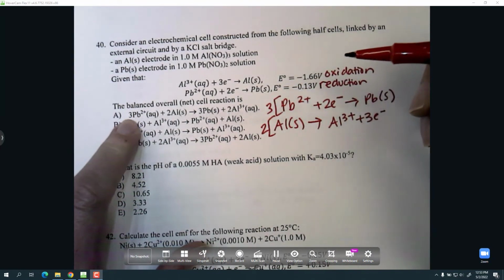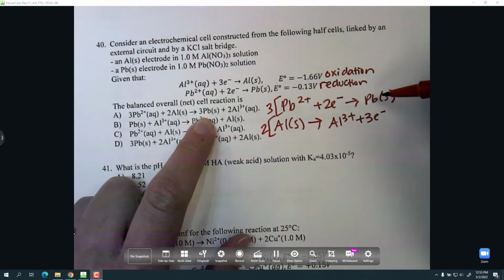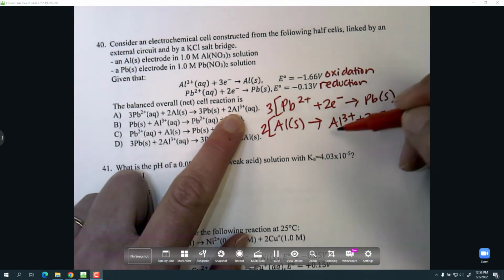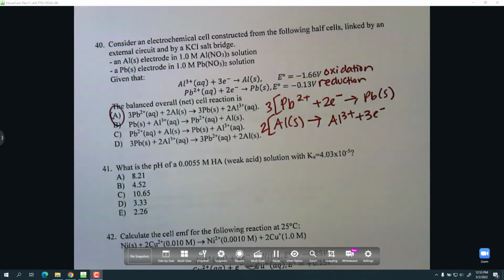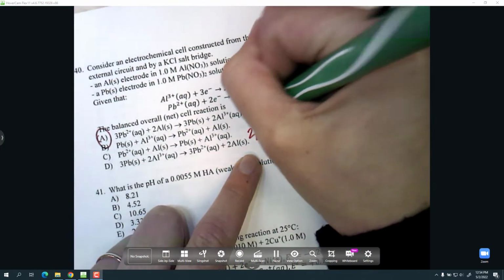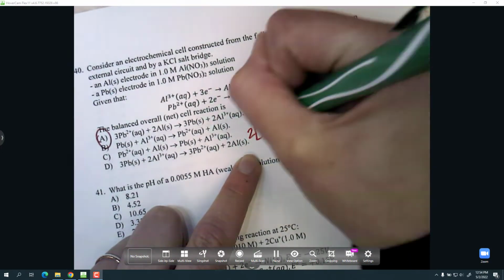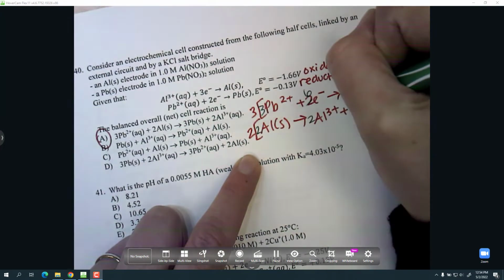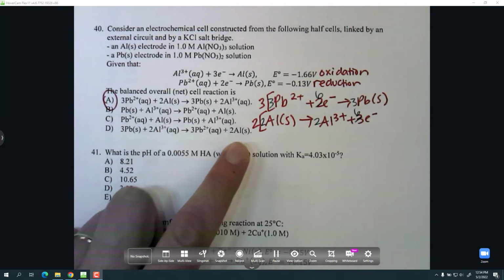And so I can see I should have 3 Pb2+, 2 aluminum, 3 Pb, 2 Al3+. It looks like A. You could write all those steps out if you can't quite see it yet, or you can do like what I did earlier and write them in. Whatever you want to do.